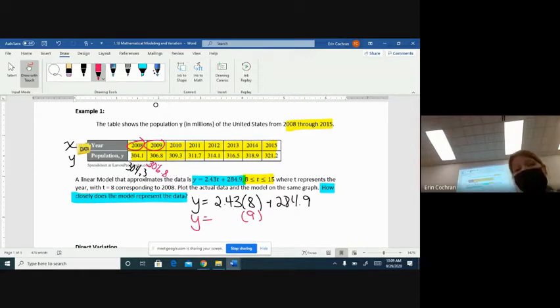What about for 2010, what would I use? I changed the 9 to 10, right? Which we get 309.2. All right, go ahead and do the rest of them. 2011, 2012, 2013. What do we get?